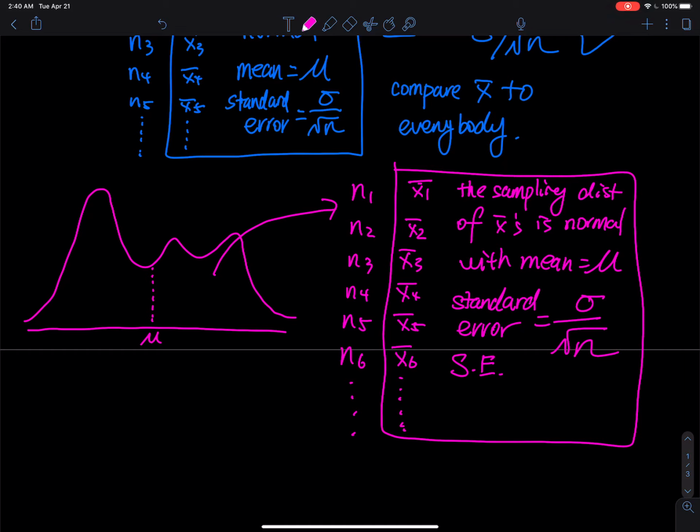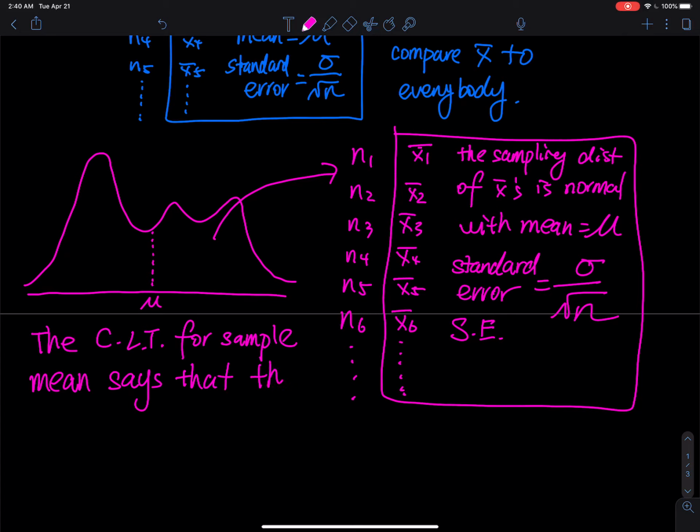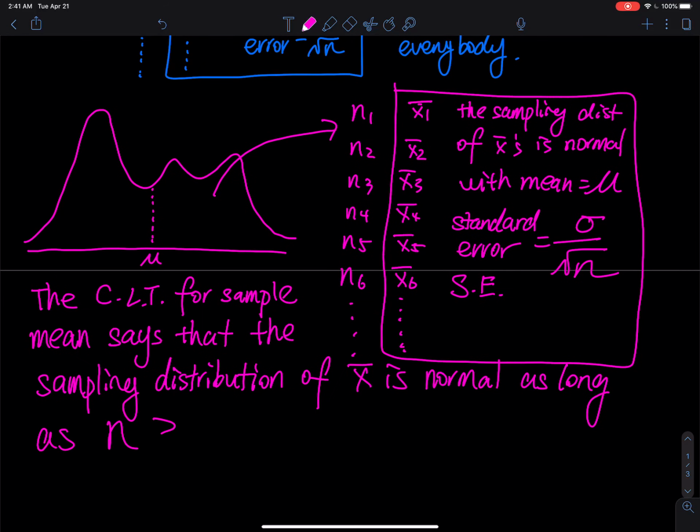Now, here comes the central limit theorem. Now, what is the central limit theorem? So the central limit theorem, the CLT for sample means, says that the sampling distribution of x bar is normal as long as the sample size is greater than or equal to 30.